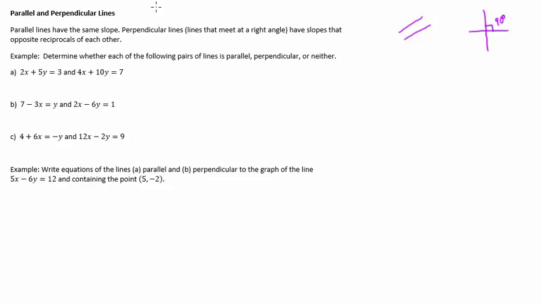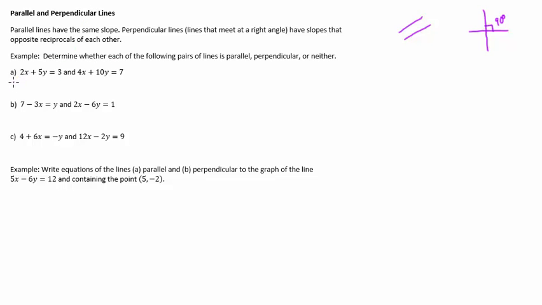For this first example, A, B, and C, we want to determine whether each of the following pairs of lines is parallel, perpendicular, or neither. But to start off, we need to solve them for y so we even know what their slopes are. So this is good practice for solving for y.